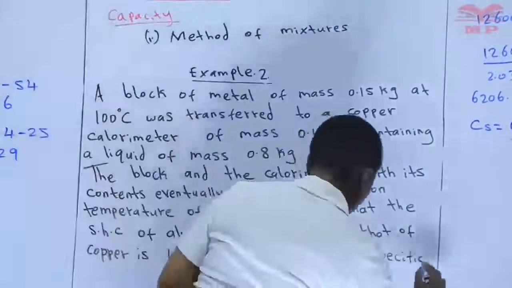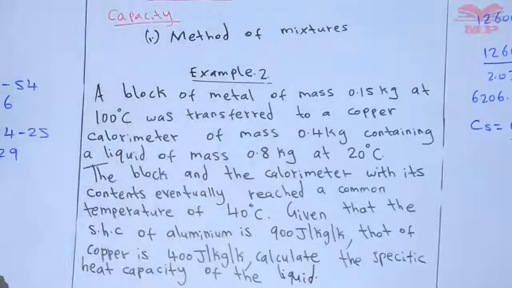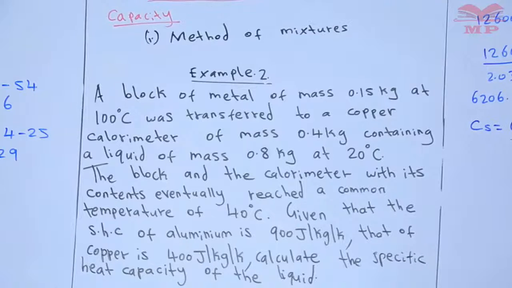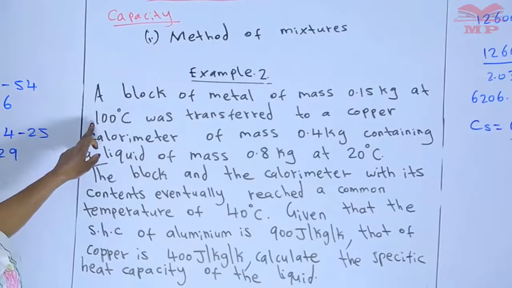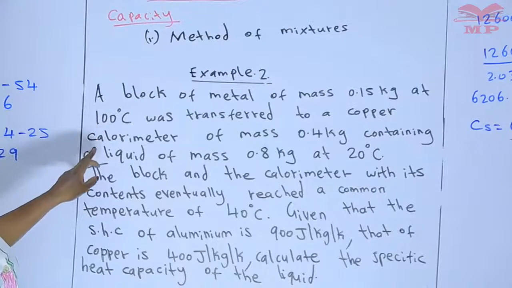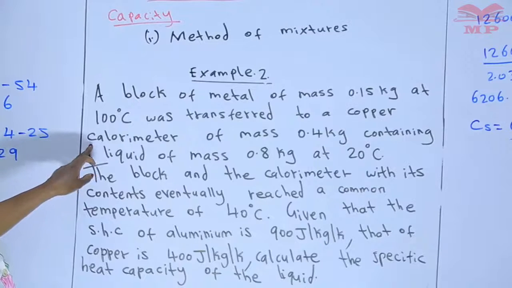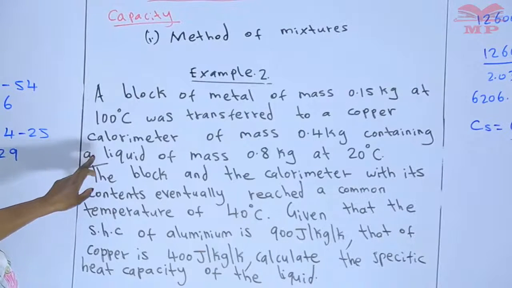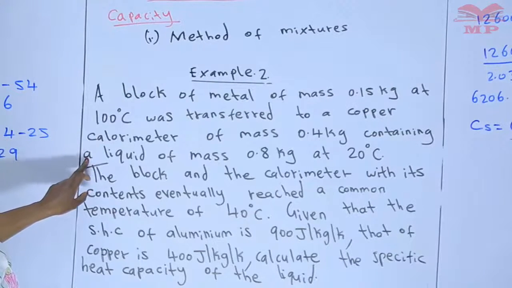So as I said, you can see the question. A block of metal of mass 0.15 kilograms at 100 degrees Celsius was transferred to a copper calorimeter of mass 0.4 kilograms containing a liquid of mass 0.8 kilograms at 20 degrees Celsius.